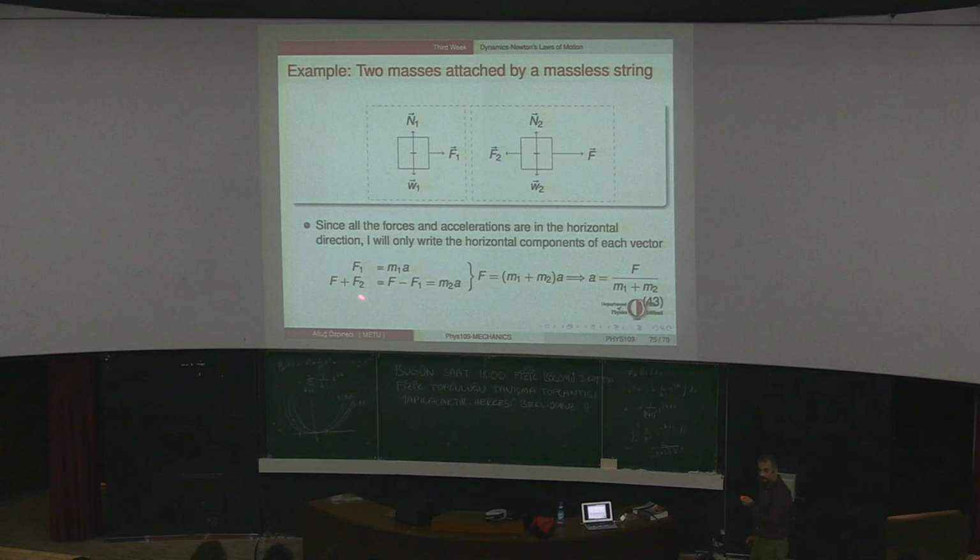F2 is the horizontal component of this vector force. You see here it's F minus F1. It has the same magnitude as this one, if F1 is positive, let's say. So the net force acting on this one is F minus F1. So the minus sign automatically came. I don't need to insert the minus sign.